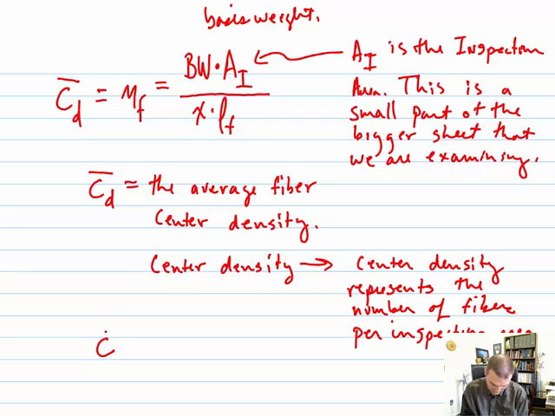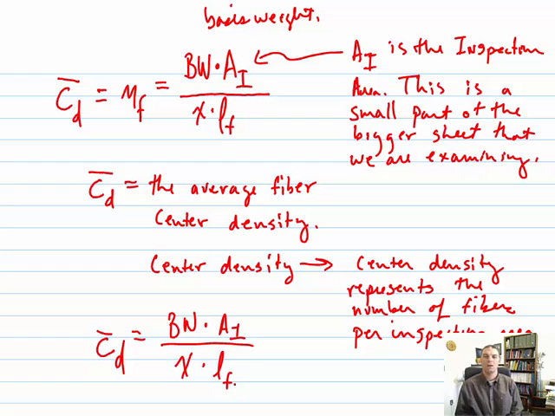So now we have the center density. This is the average number of fibers per inspection area, simply the basis weight times the area of inspection divided by the coarseness times the length of the fiber. So now we know the average number of fiber centers, or for that matter, fibers within a given inspection area.